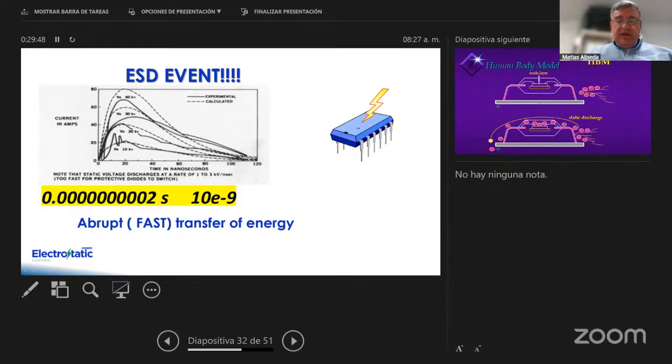That type of energy can damage very easily and very fast.